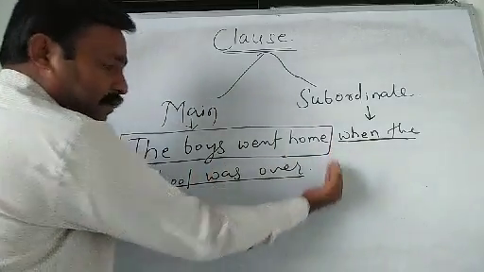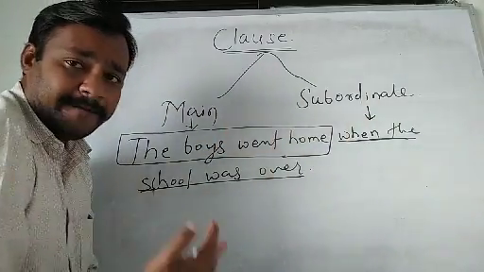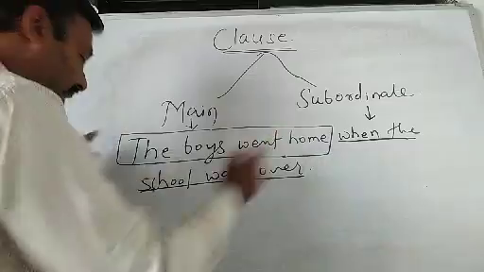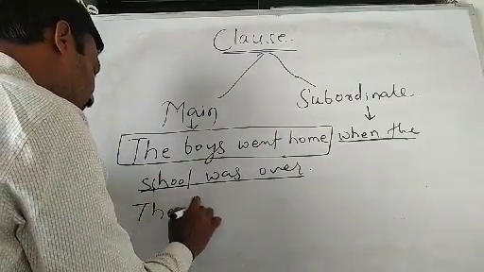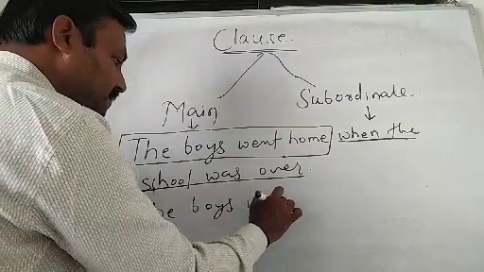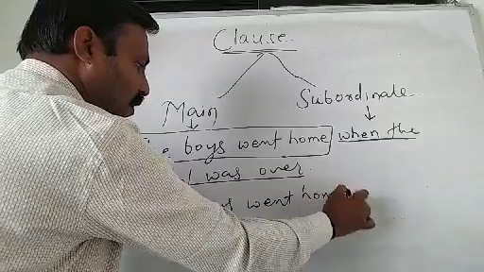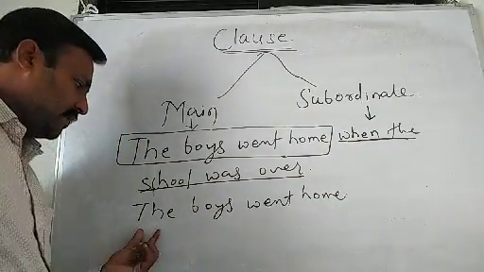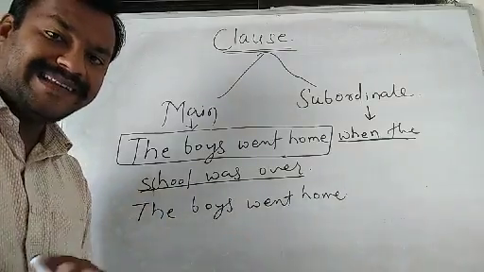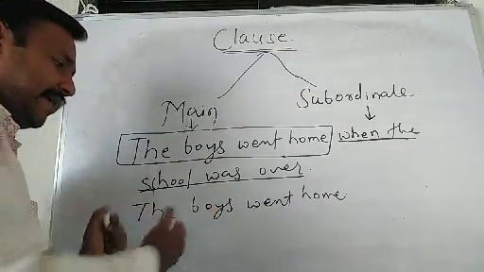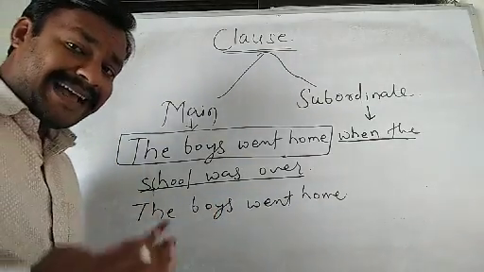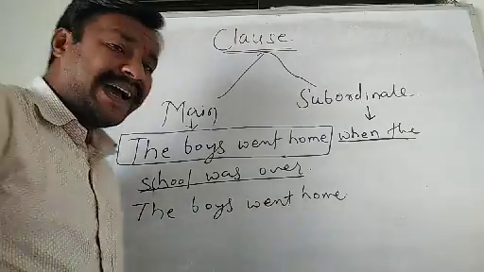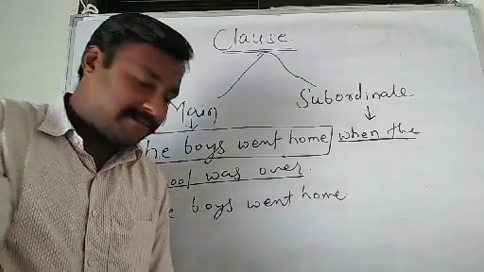Why is this sentence divided into main and subordinate? See, if we think about the sentence the boys went home only, it is complete as well as meaningful. It doesn't require another part of the sentence.